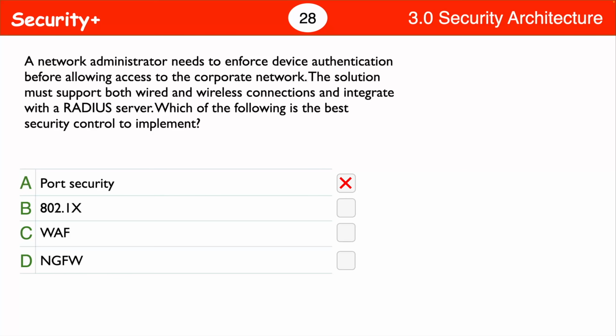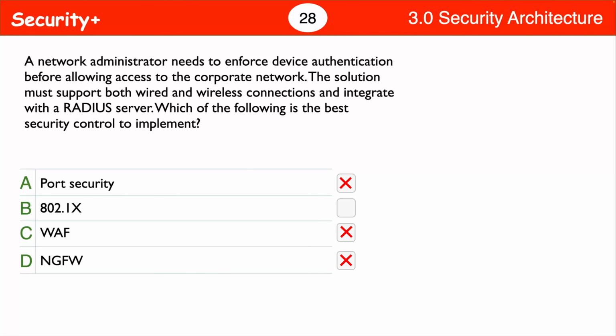We can then eliminate C, WAF, which stands for Web Application Firewall. And this is a firewall that's designed to protect traffic between something like a network and a web application. And finally, we can eliminate D, NGFW. That's going to stand for Next Generation Firewall.